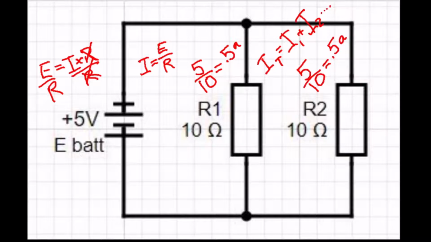So it's a sum. So the total amperage in this case is 0.5 and 0.5. So the total amperage equals 1 amp. Make sense?